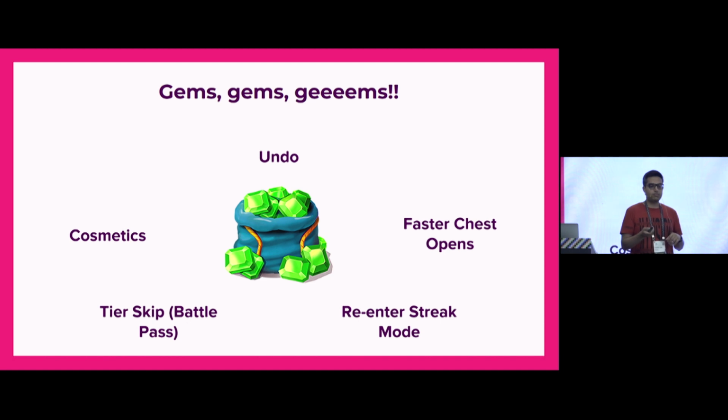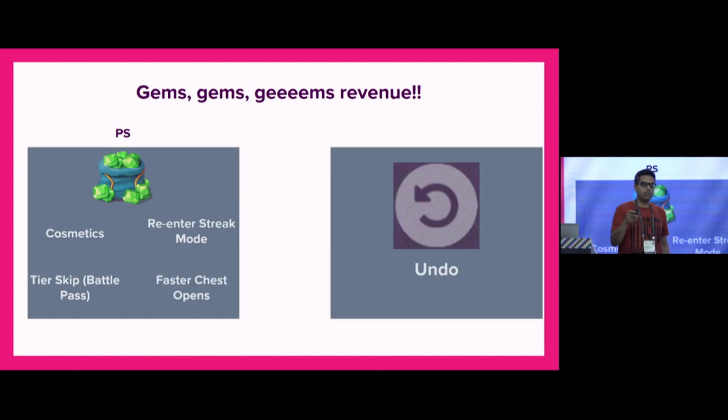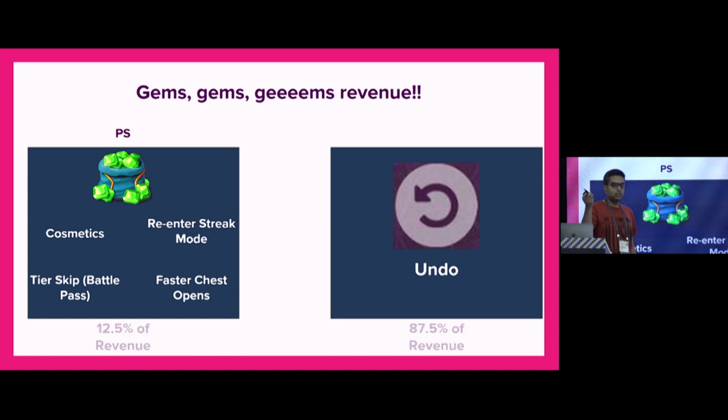Now, talking about undo specifically compared to these, I want to show you revenue figures of how different it is. In Parcheesi, we have all these 4 modes that gems provide, and then we also have undo. Only 12.5% of revenue is for everything else, and 87.5% of revenue goes into undo.